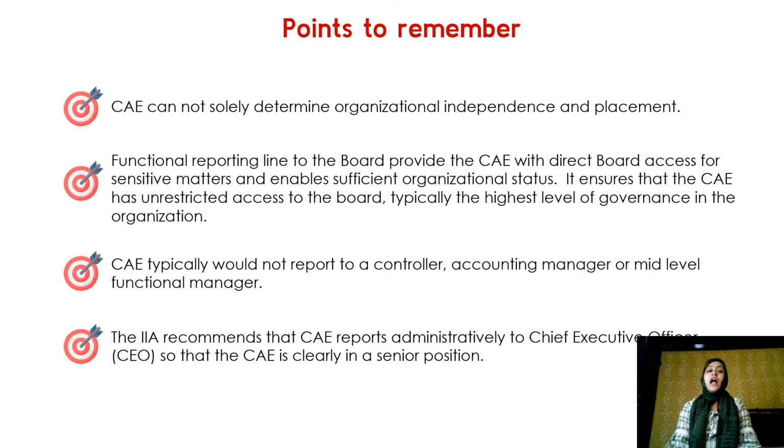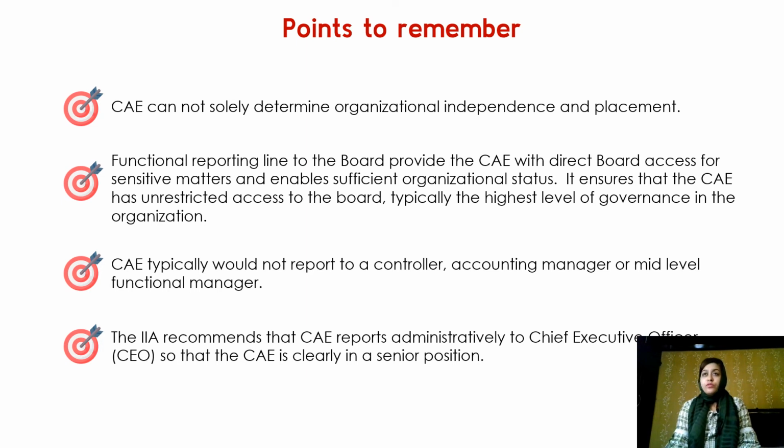The Chief Audit Executive administratively reports to senior management, but this does not mean reporting to any controller, accounting manager, or mid-level functional manager. Rather, the IIA recommends that the Chief Audit Executive should report administratively to the Chief Executive Officer, that is the CEO, so that the CAE is clearly in a senior position.